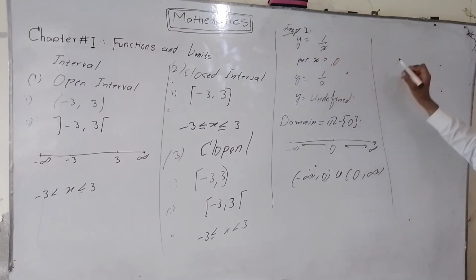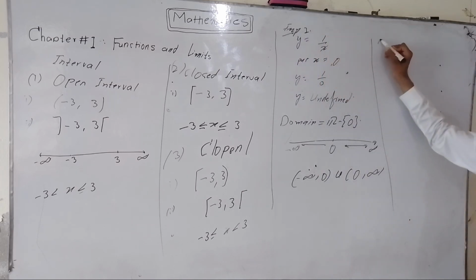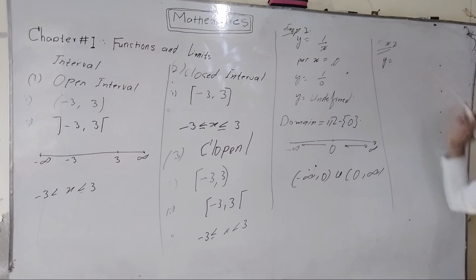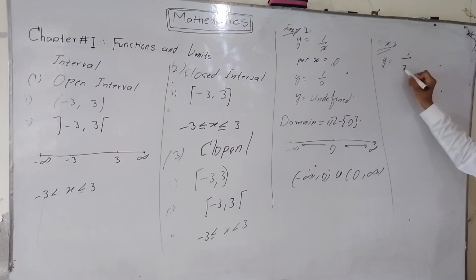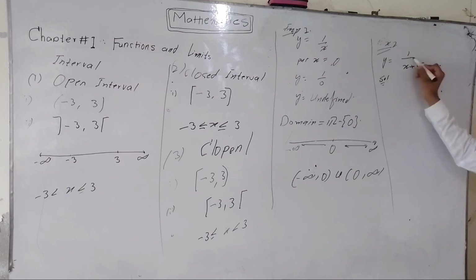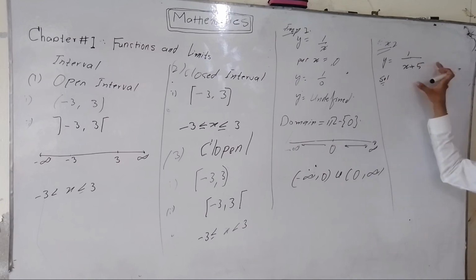Next definition, so example number 1, example 2. y is equal to 1 divided by x plus 5. Solution. This is difficult to analyze, dear students.